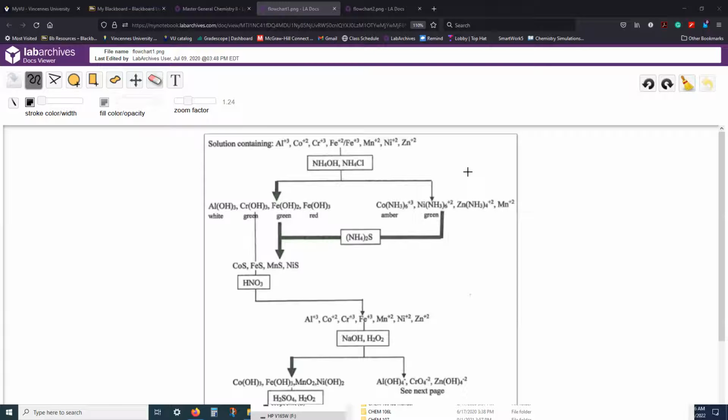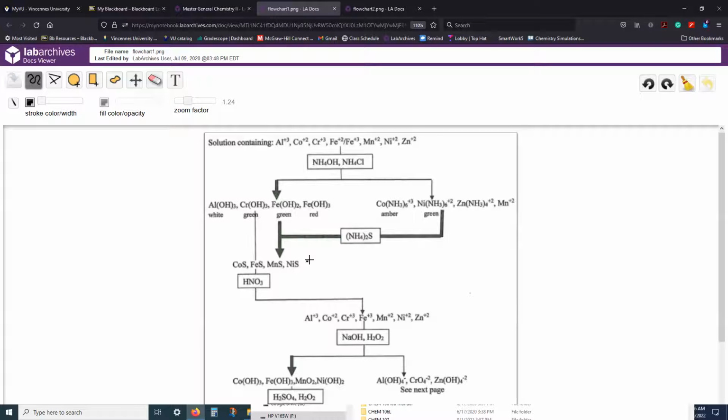But when we hit this basic solution with ammonium sulfide, the cobalt, the zinc, the manganese, all of these are going to turn into solids. And so it'll be this combination of solids that we take with us to the next step.